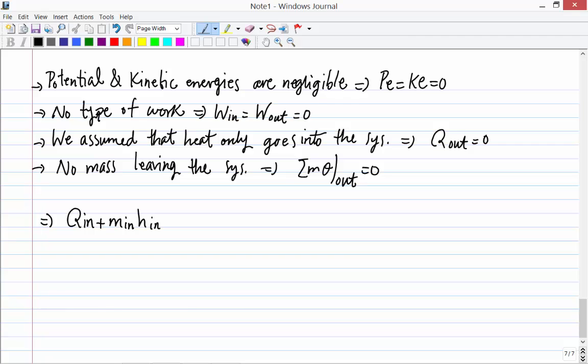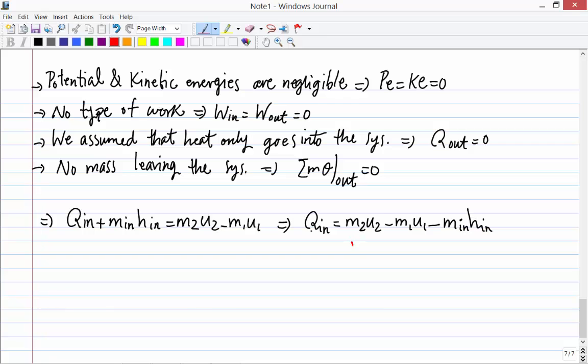So Q in plus this guy equals m2 u2 minus m1 u1. Then Q in would be m2 u2 minus m1 u1 minus m in h in.